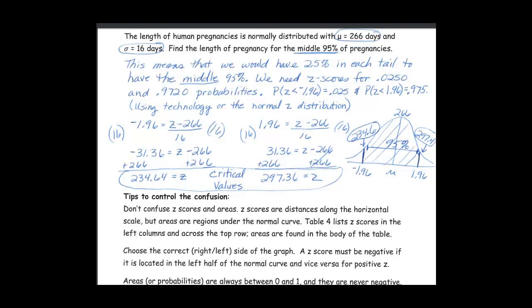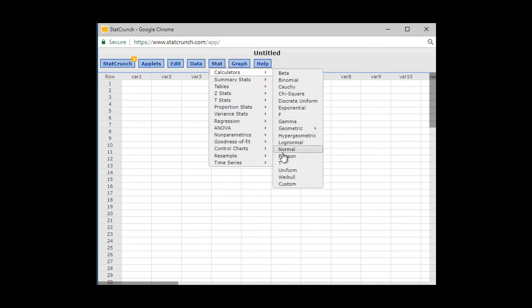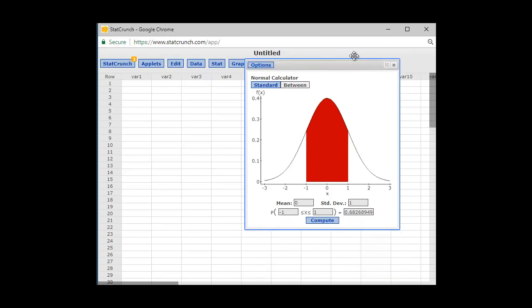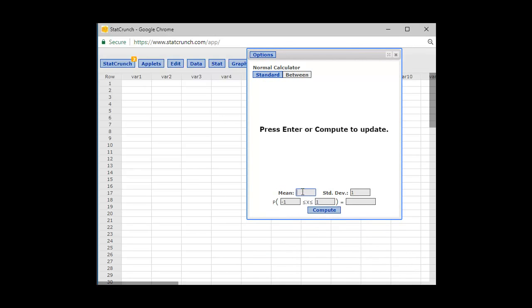So doing this in StatCrunch, I'm going to go to Stats, Calculators, down to Normal. Okay, so this one we're doing a between problem, and I want to put in my mean of 266, and our standard deviation of 16.